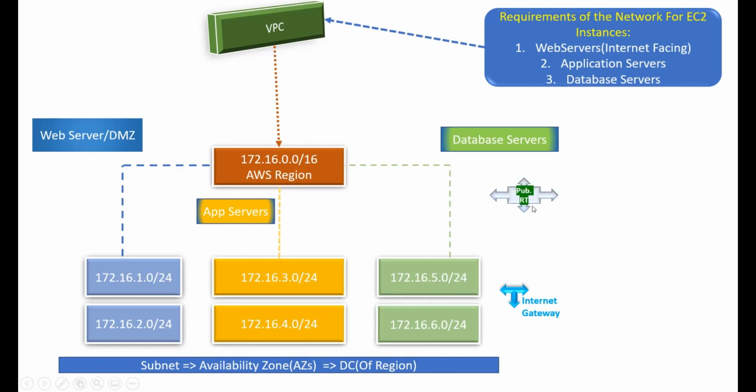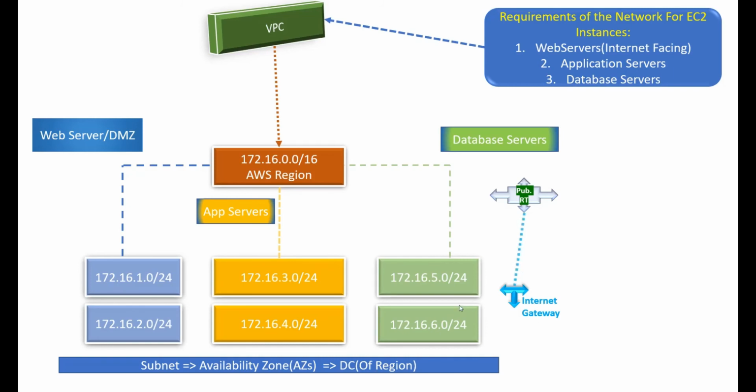Next, this route table will have the reference of the respective subnets that want to go outside, and the route table will also have the path from where these subnets will go outside. So I have made the internet gateway to send all the traffic outside.